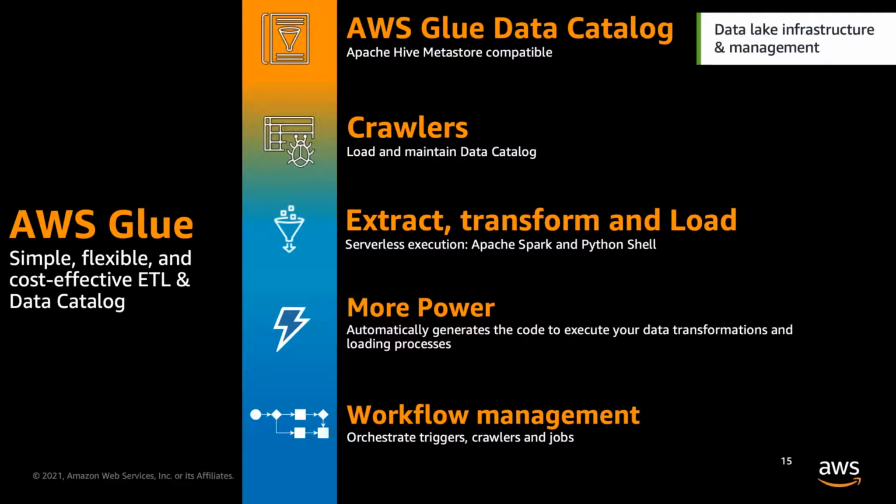If you have other non-Glue-based jobs in your data pipeline, like AWS Lambda, for example, which is our serverless compute service, then you can use other orchestrators like Step Functions or Airflow, which is another very popular open source orchestrator. And we do have a managed service for Airflow as well.